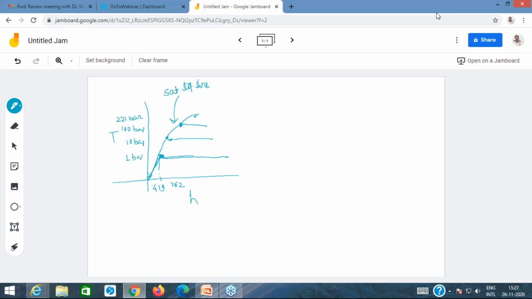Suppose this is F, and this is G. Suppose this is F dash, and this is G dash. This is F double dash, G double dash.